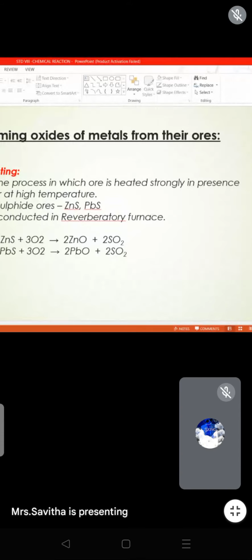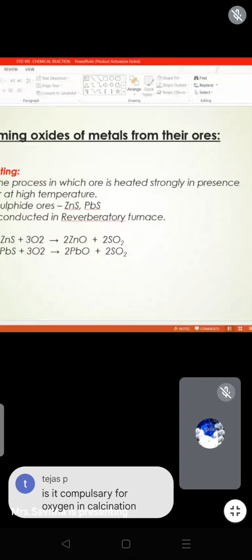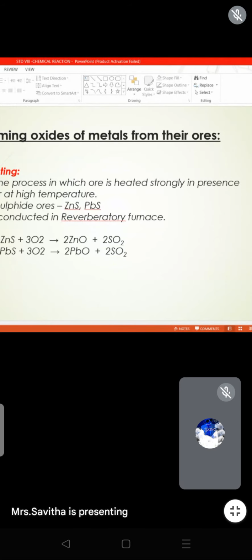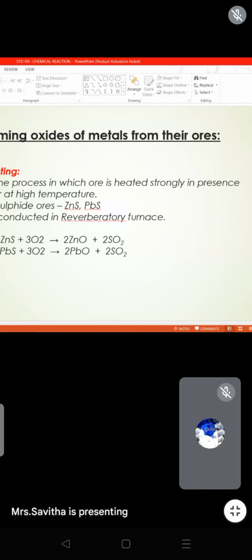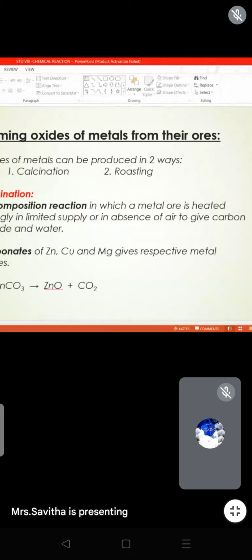Sulfide ore. So, when you heat carbonate ore, what are the two products? Carbon dioxide and metal oxide.